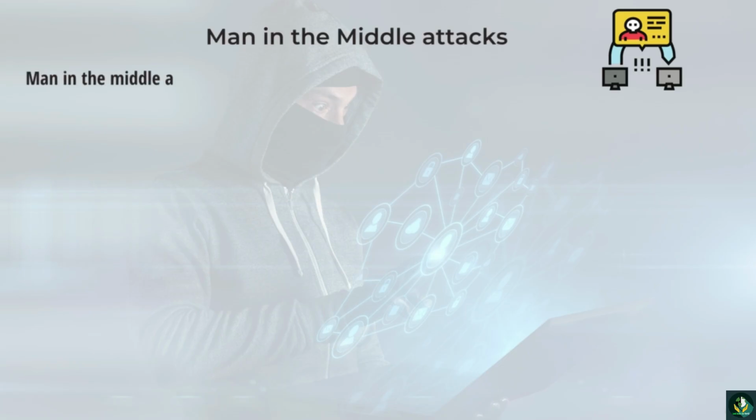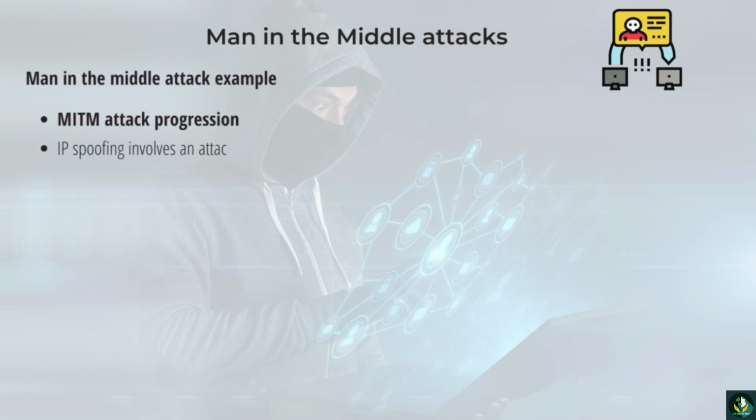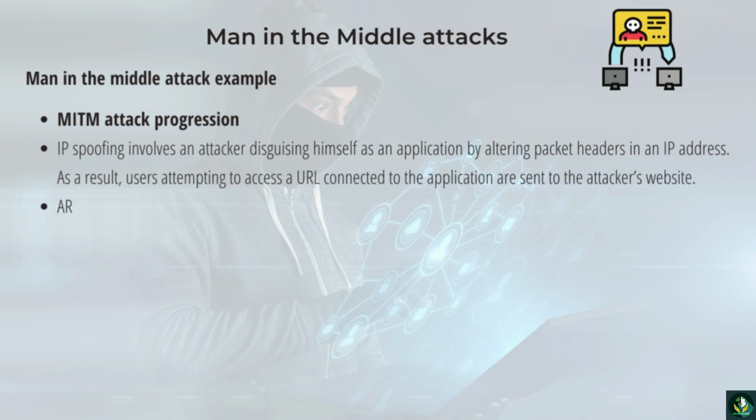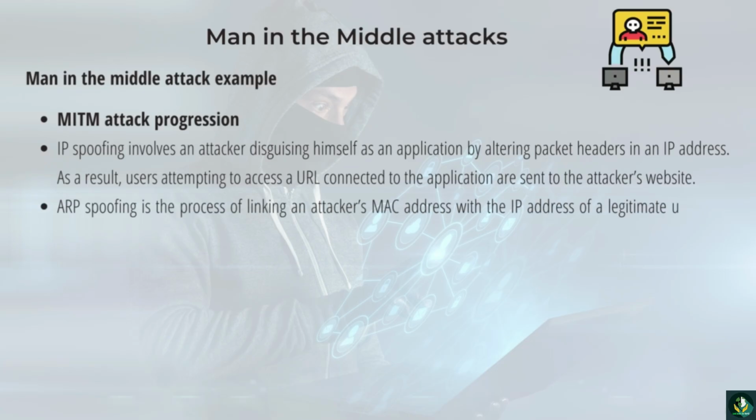IP spoofing involves an attacker disguising himself as an application by altering packet headers in an IP address. As a result, users attempting to access a URL connected to the application are sent to the attacker's website. ARP spoofing is the process of linking an attacker's MAC address with the IP address of a legitimate user on a local area network using fake ARP messages.